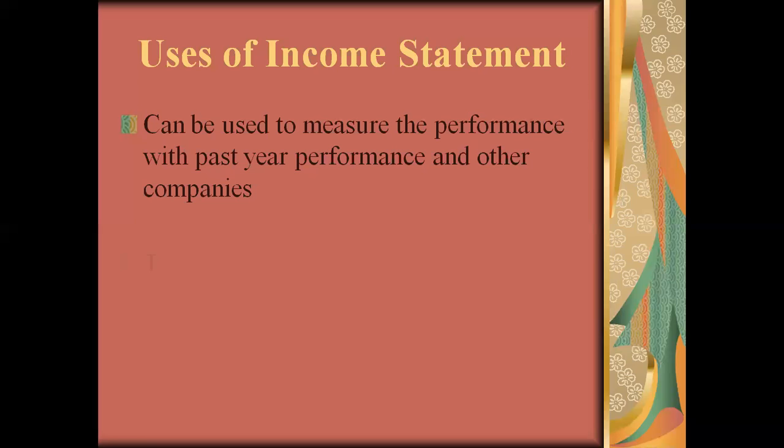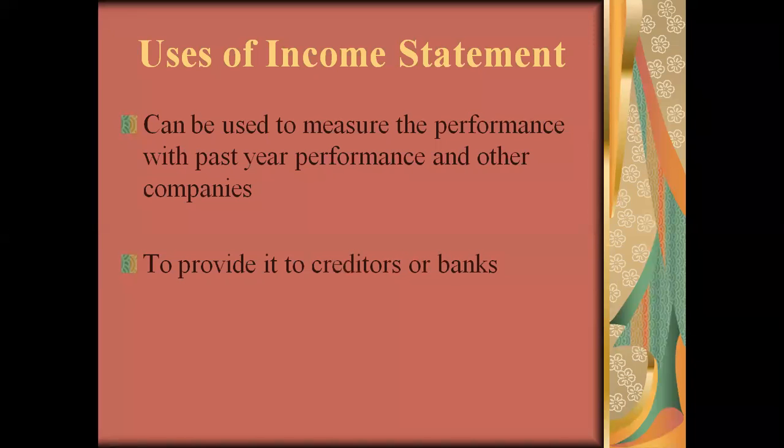Then, to provide it to creditors or banks. Again, it is important because if you want to borrow money from the bank or you want to buy goods from the creditor on credit without paying cash, in both cases you have to show the income statement, because that will guarantee that the business will be able to pay back the amount to the bank or to the creditor. Creditor, you know that, right?